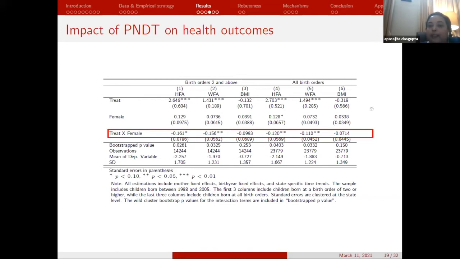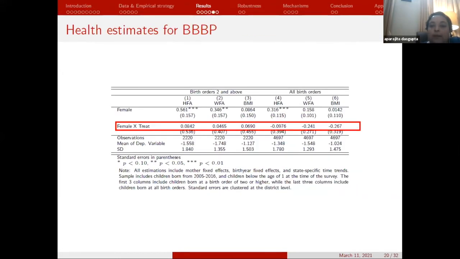Again, we split the sample for birth orders 2 and above and all birth orders. You can look at the bootstrap p-value, and this is again very significant. So it seems that health outcomes suffered because of the ban. Health estimates for B3P, we don't have any significant results for B3P.